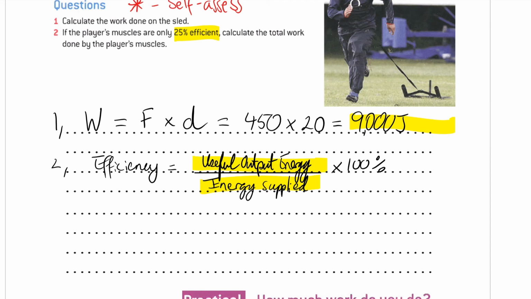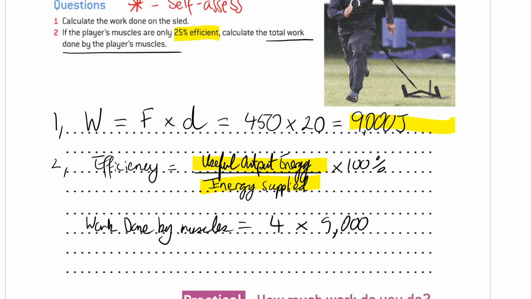So the energy supplied, or the work done by the muscles, is going to be 4 times 9,000, because 9,000 is 25%, and if you want to work out 100%, you multiply by 4. 4 nines, 36, so 36,000 joules, or 36 kilojoules.